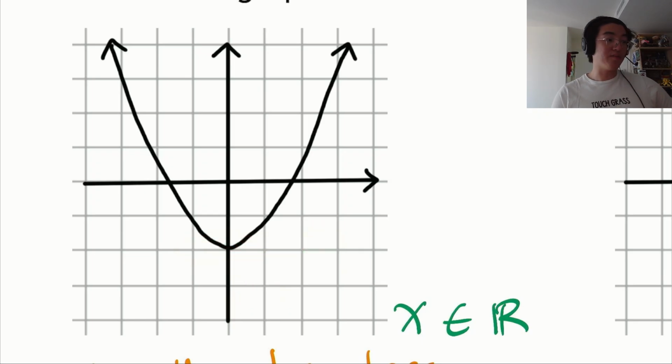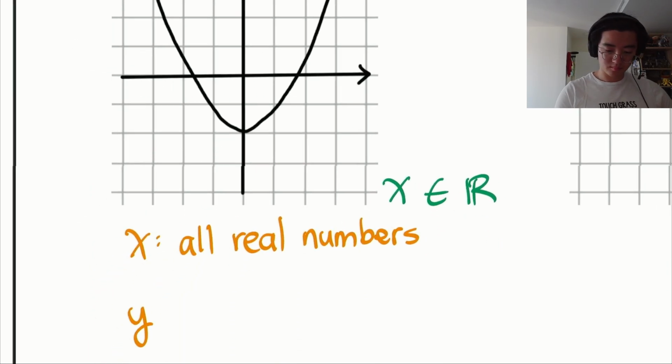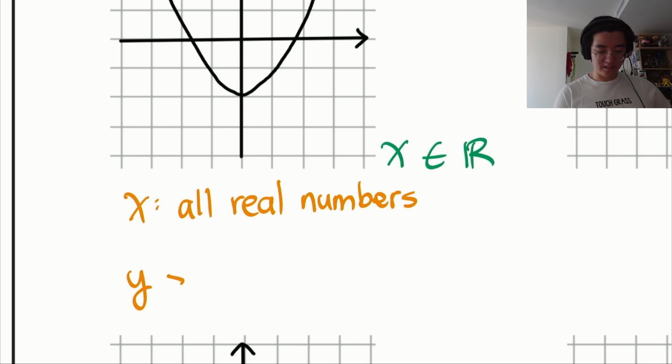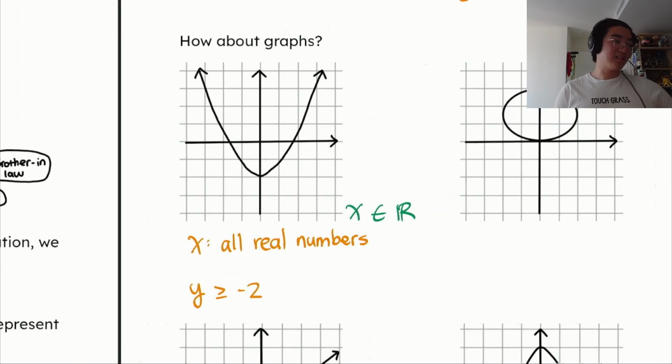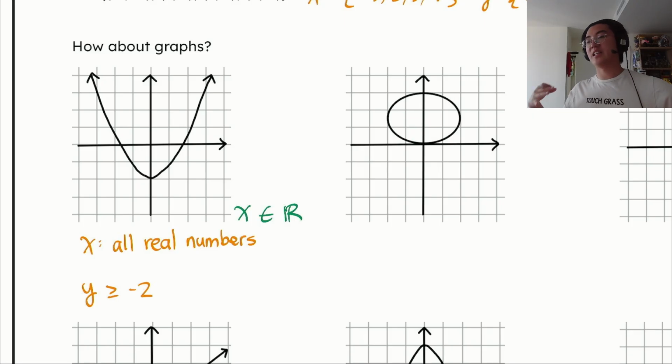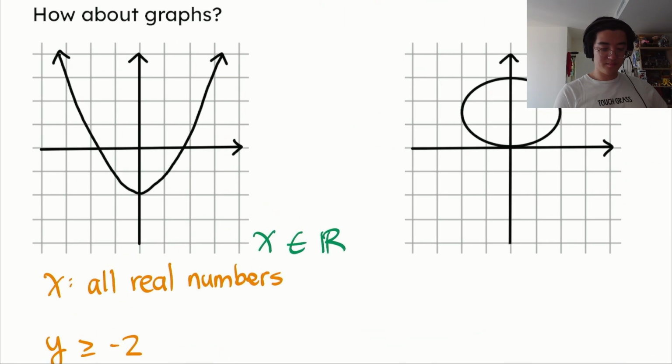The graph only goes up. As you can see from the arrows, the graph only goes up from the -2, but nothing ever gets below -2. So we can say y is bigger than or equal to -2. And that's it. So y can be any number as long as it's bigger than or equal to -2, because nothing gets below this line.